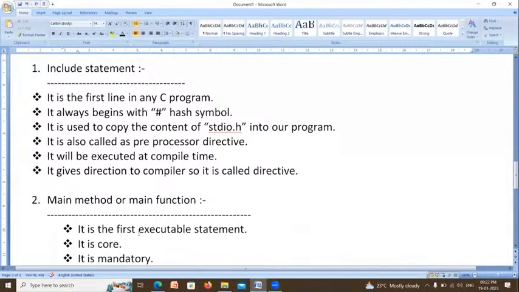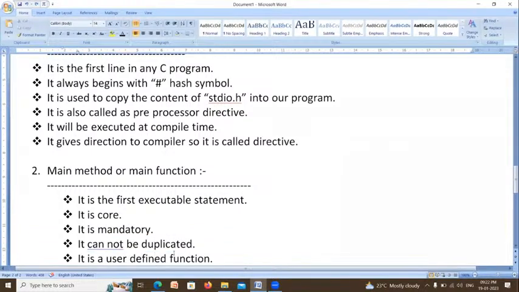The second type of statement is the main method. It will execute at the beginning, so it is called the first executable statement. It is very, very important, it is the core. We have to write the main method, it is compulsory, it is mandatory.